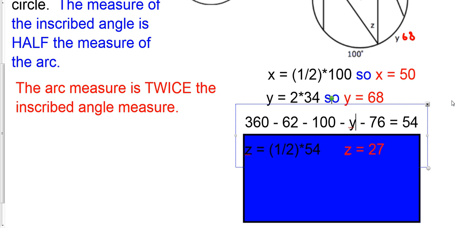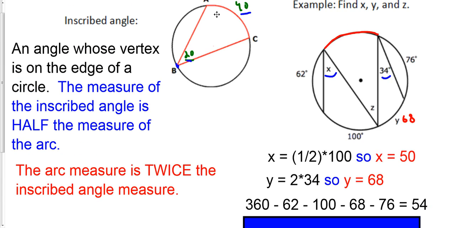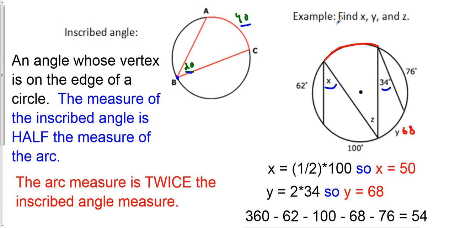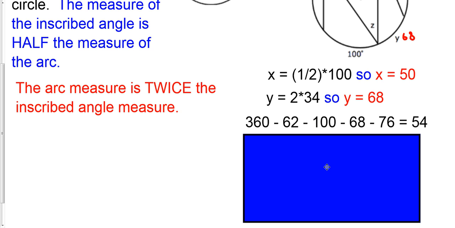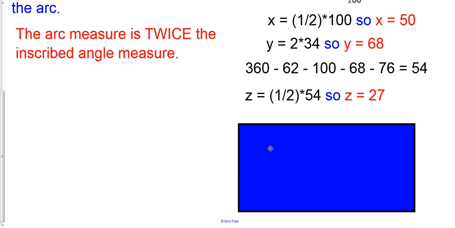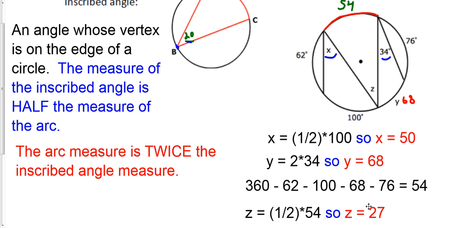Again, we found out that y was actually 68, so we'll plug that in there. When we subtract all of that out, we'll get 54 in the end. So we know that this one is 54 degrees as an arc measure. So how big is z? Remember, z is that inscribed angle, z is going to be half of 54, so z is 27. So now we have our x, our y, and our z for this example.